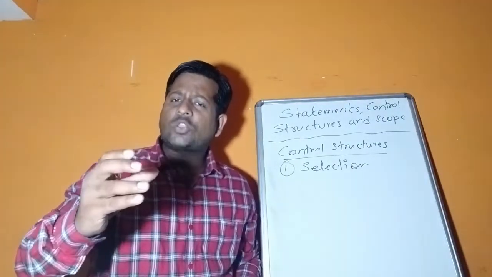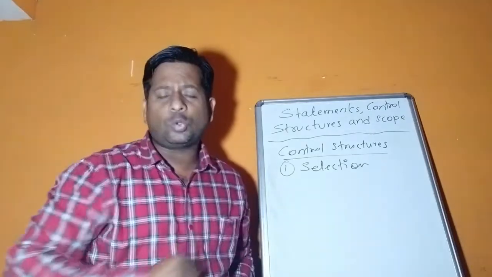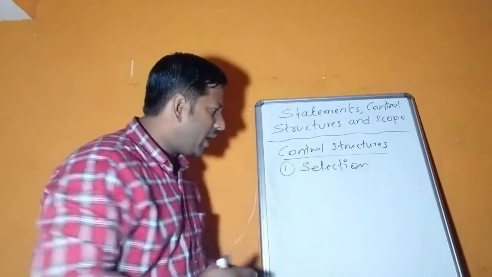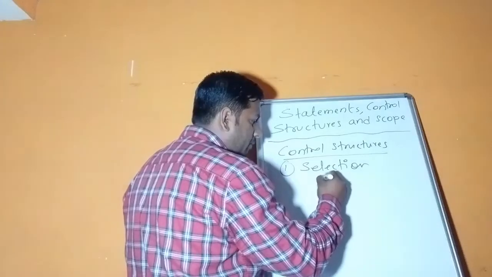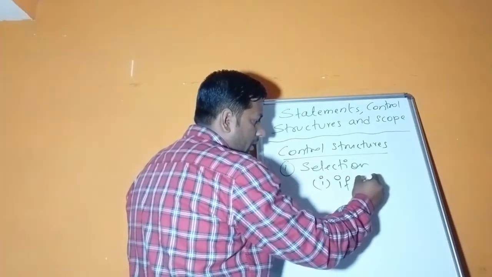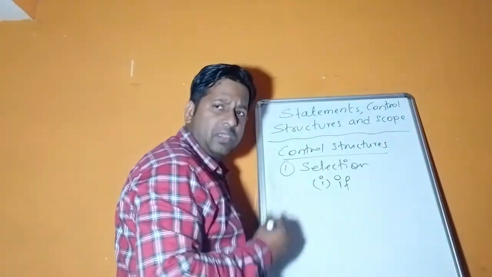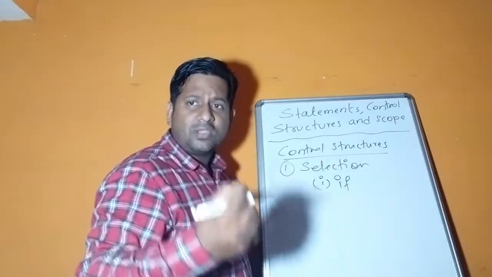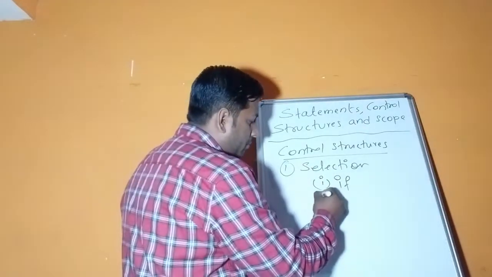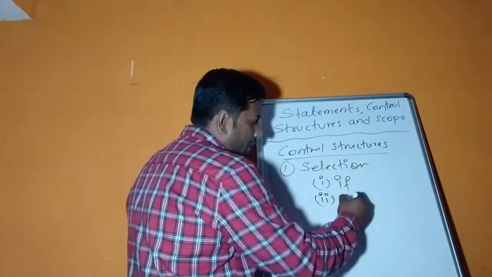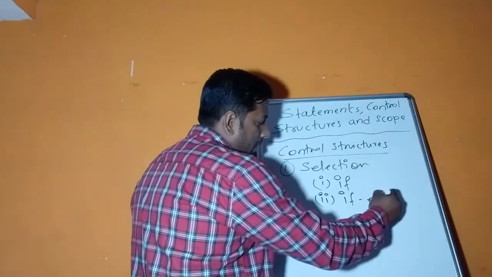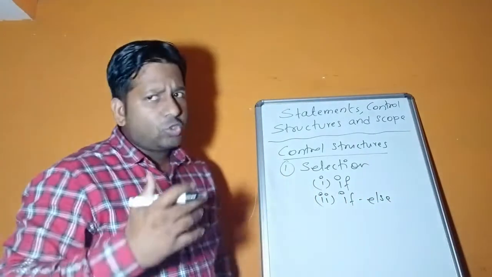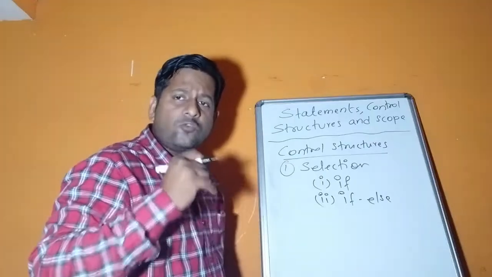What is a selection statement? Selection means statements execute based on a condition. We have multiple selection statements. First, single if: if the condition is true, then statements get executed. Point number two, we have if else. That means if is the true part, whereas else is the false part.